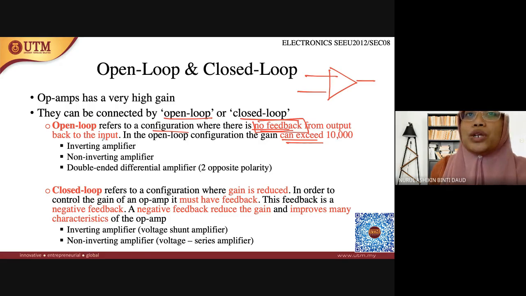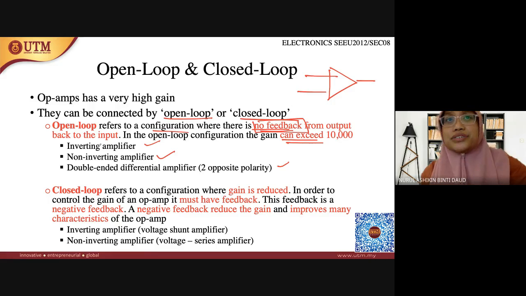Open loop configuration is usually applied to the inverting amplifier, non-inverting amplifier, and also the double-ended differential amplifier, which has two opposite polarities. These are the applications for open loop configurations, and we will go into detail about inverting and non-inverting amplifiers.